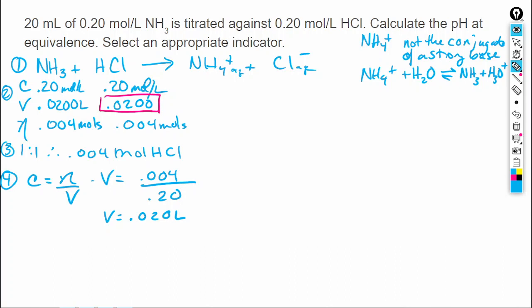So we know that that NH4 plus is going to make the solution acidic. Just because it formed NH4 plus, I know that it's going to be a little bit acidic.